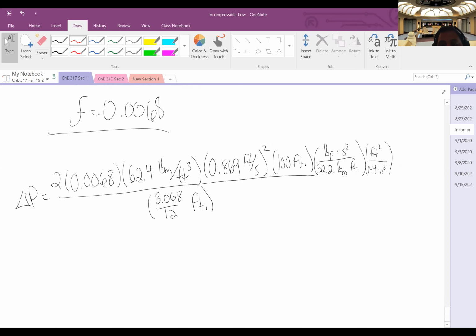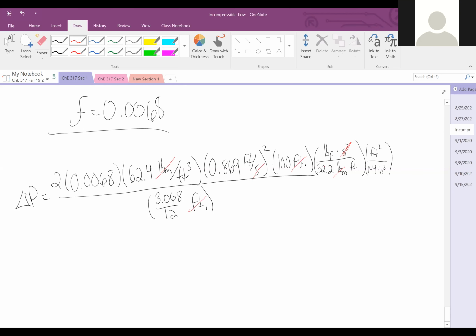So we do that, and for good measure, we can double check our units. So I have, let's see, a foot here, a foot here. So I have a square feet here. I know my second squared is gone here.